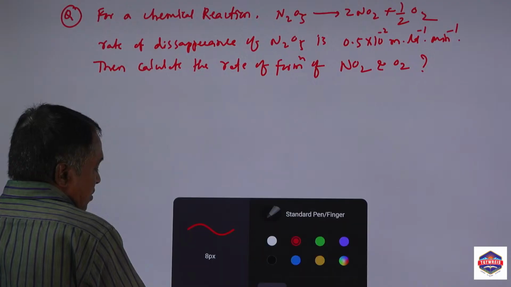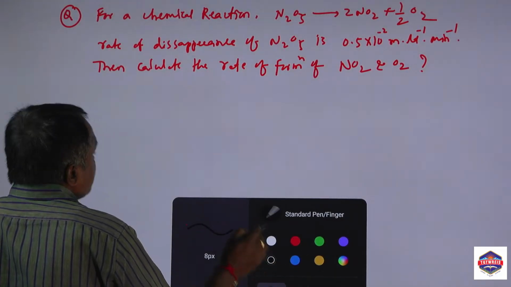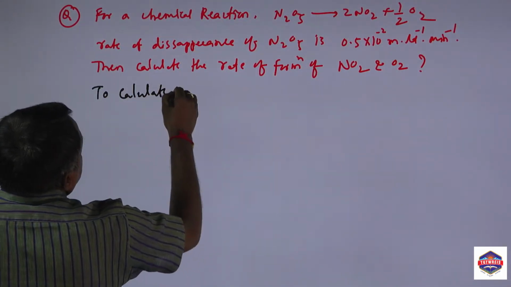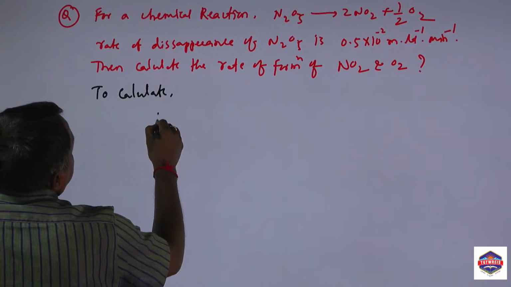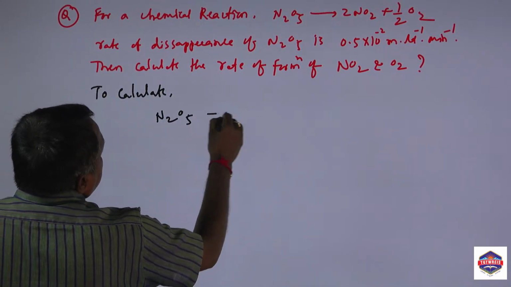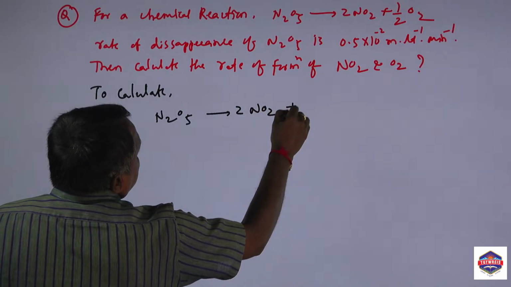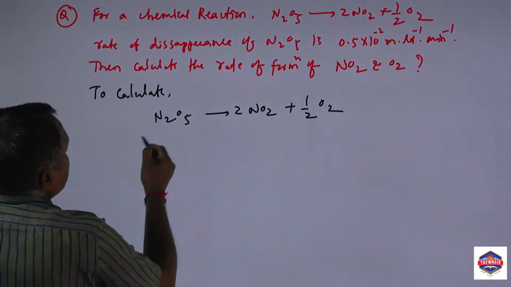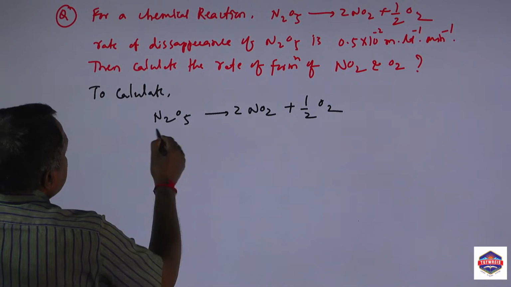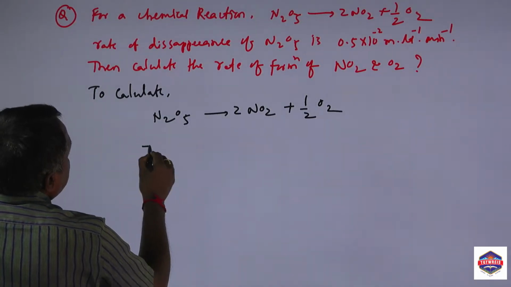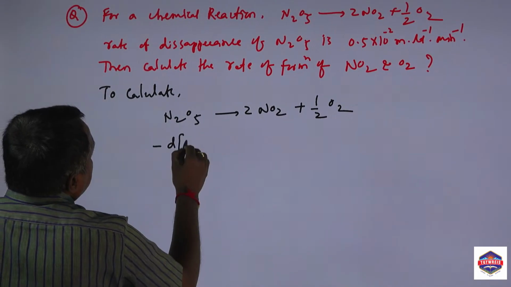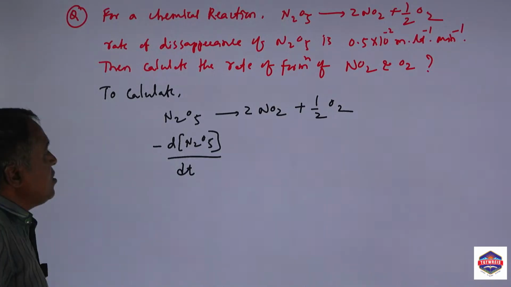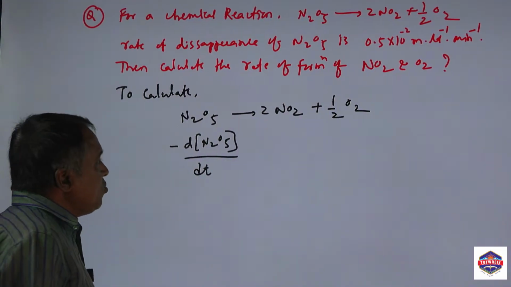So, how can we calculate the rates of formation of NO2 and O2? To calculate this, we must write the rate equations of N2O5, NO2 and half O2. How can we write the stoichiometric rate equations? N2O5 is the reactant, that is why we place a negative before d N2O5 by dt, which is the rate of disappearance of N2O5.